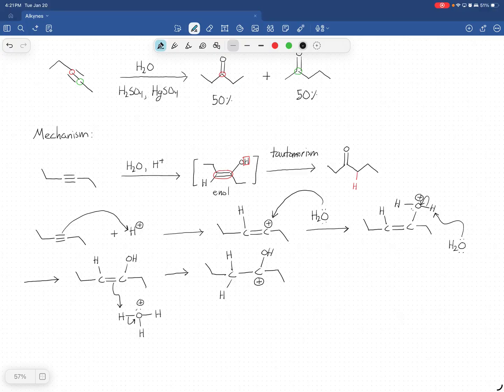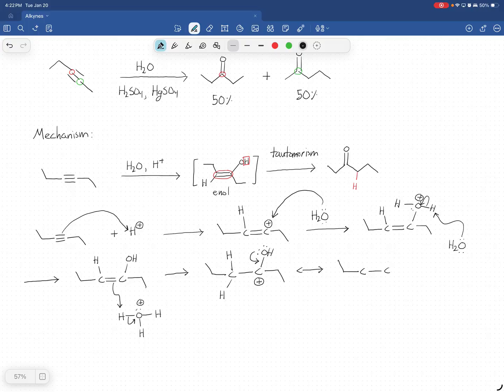But we're going to show that this carbocation is stabilized. What can we do with these electrons I've just drawn here to help stabilize that positive charge? Yes, you're going to use the double bond here, and now we have drawn a resonance form for this molecule.